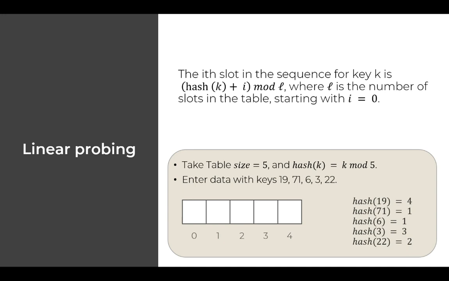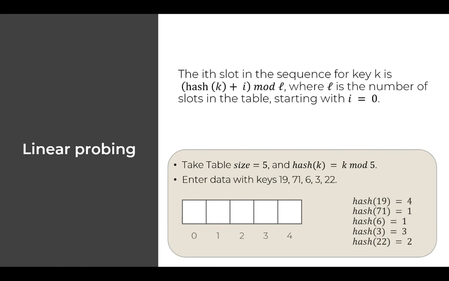Starting with i equals 0, this is equal to starting at h(k) and then trying subsequent slots, wrapping around. Example: if the number of slots L is equal to 5 and h(k) is equal to 3, the sequence of slots to try is first 3, and if it's already occupied, we look at 4. If it's occupied, we look at 0. If it's occupied, we look at 1, and so on up to 2.